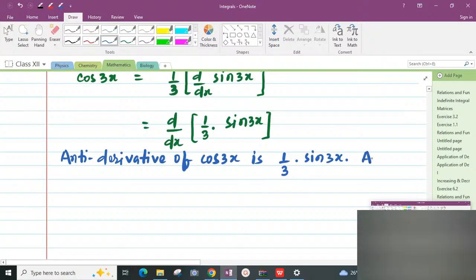This is the answer. Hope there is no problem to understand the solution of question number 2. Let's see the next question.